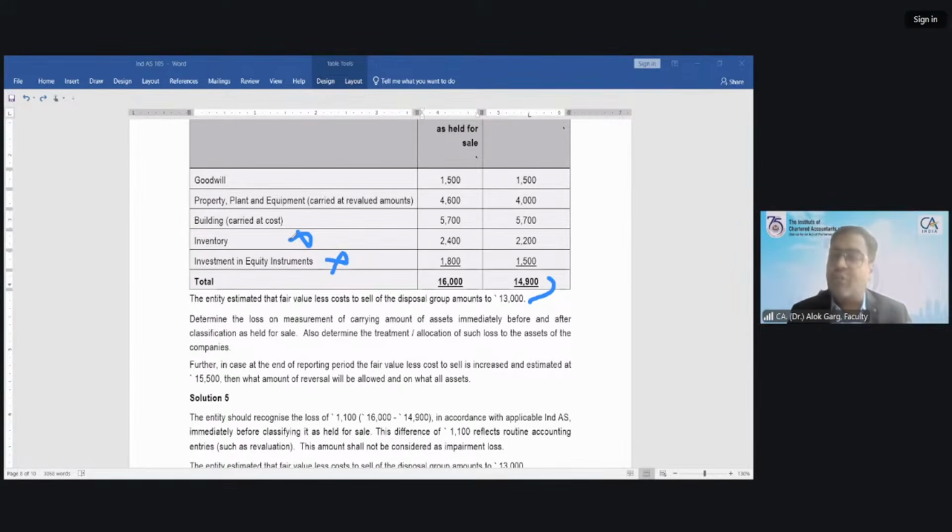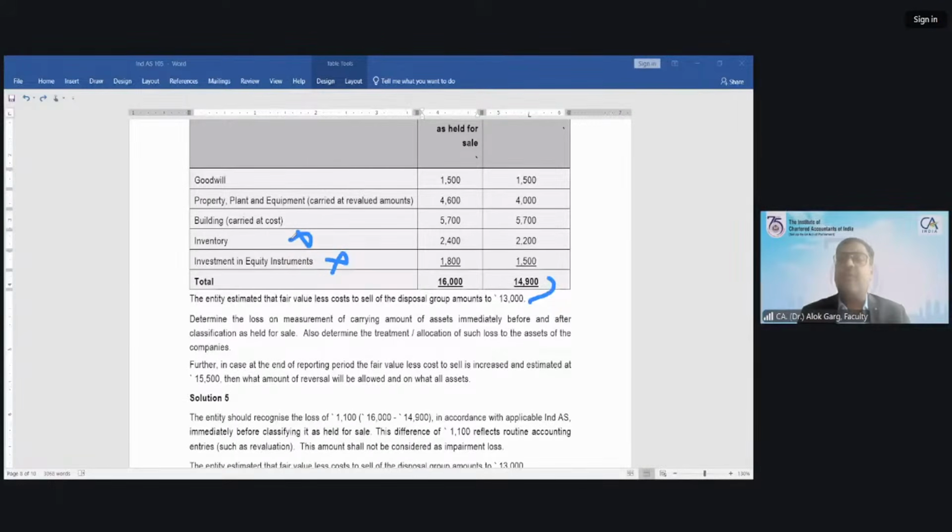So to cut a long story short, if an asset in that cash generating unit or a disposal group is already at fair value, you cannot over allocate that impairment loss. Is that clear? Yes, sir. So in this case, if you go to the inventory standard Ind AS 2, at what value is inventory going to be measured at the reporting date?